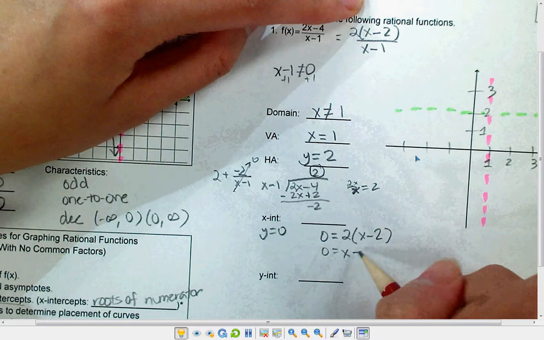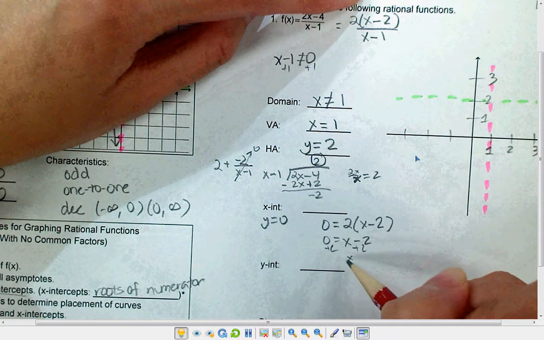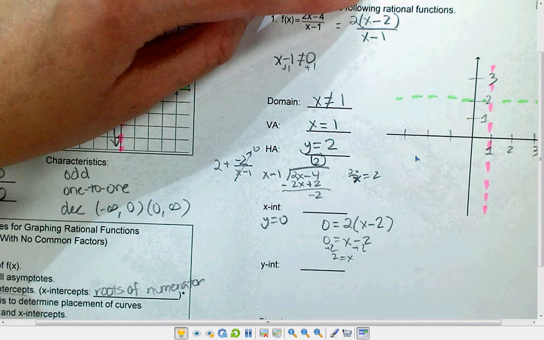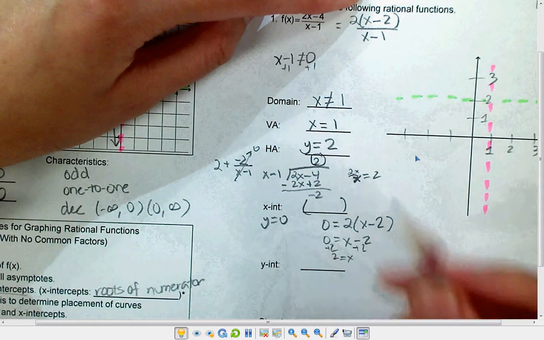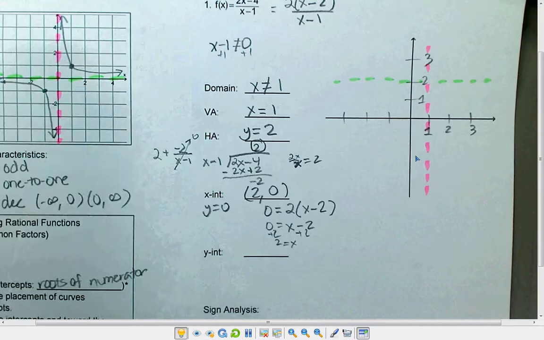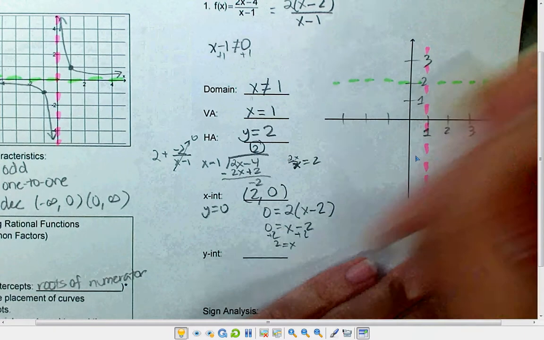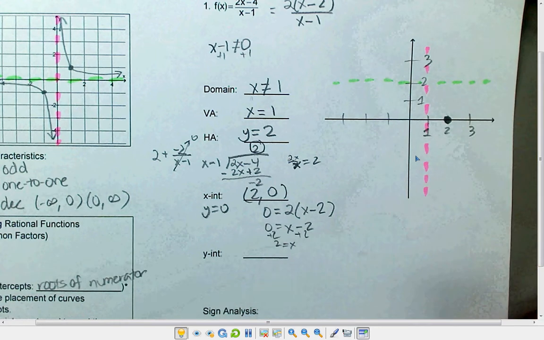And it leaves you with 0 equals x minus 2. Add 2 to both sides. We get x is equal to 2. And we want to write this as a point. So my x value is 2, my y value is 0, so this is 2 comma 0. And now I can plot this on my graph. So right here, 2 comma 0 is right here. So this is my first intercept.